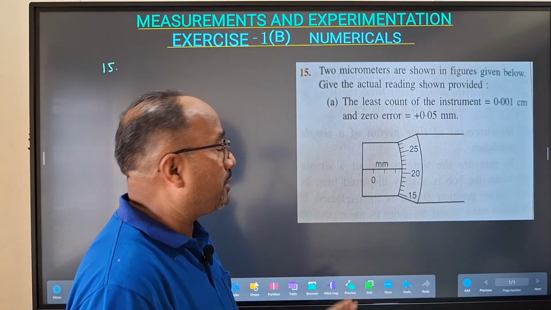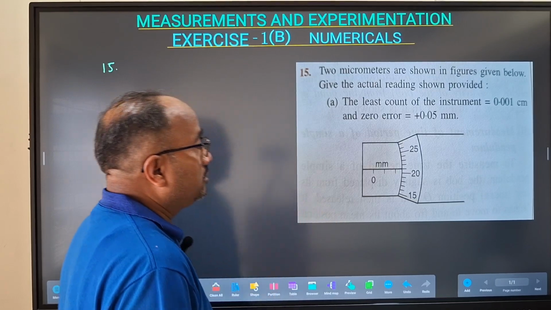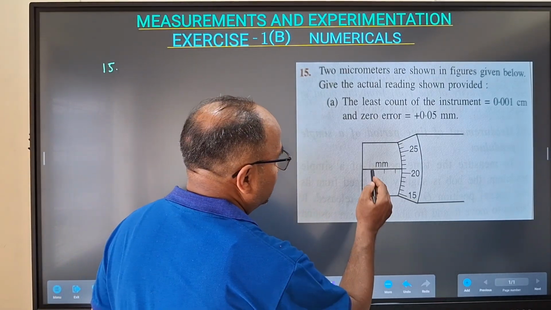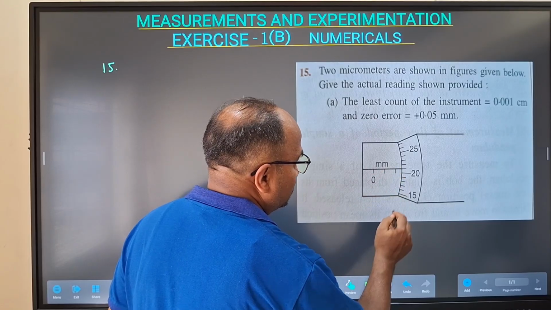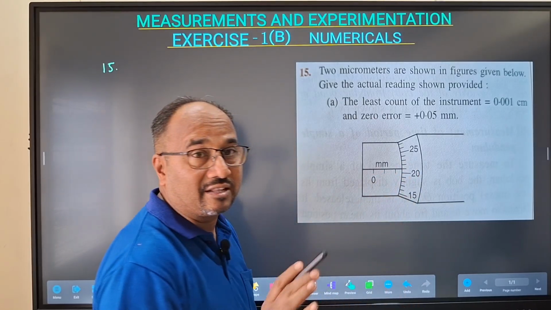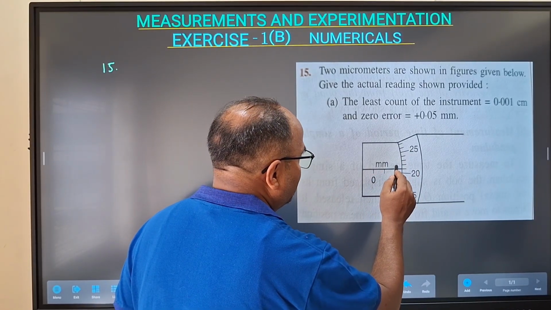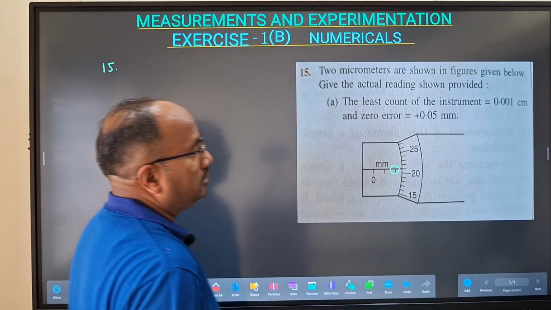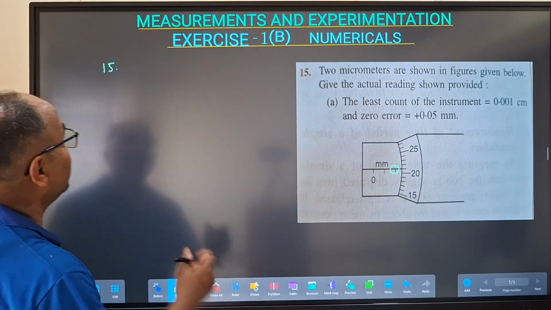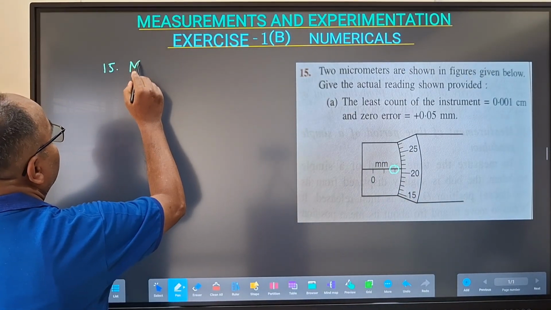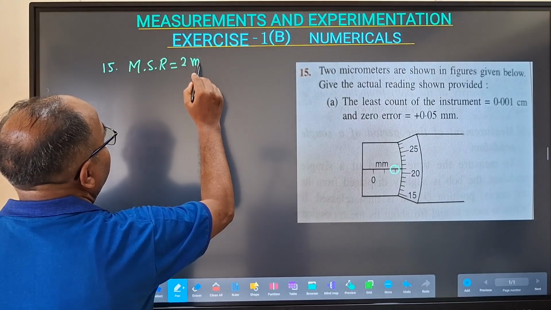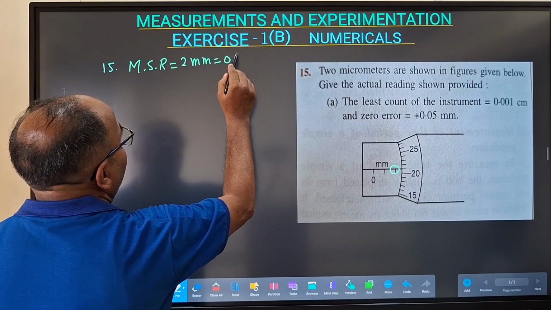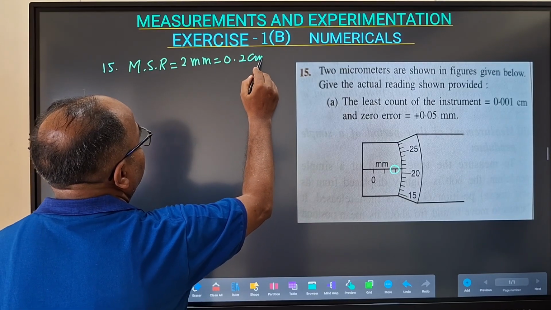Now comes the main part here, the main scale reading. This is the mark given here as 0. So this is 1 millimeter, this is 2 millimeter. You can't see that 3 millimeter part. So this becomes your main scale reading. So I will write here main scale reading as 2 millimeter, which will be 0.2 centimeter.